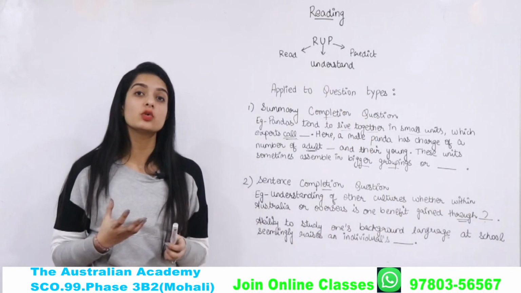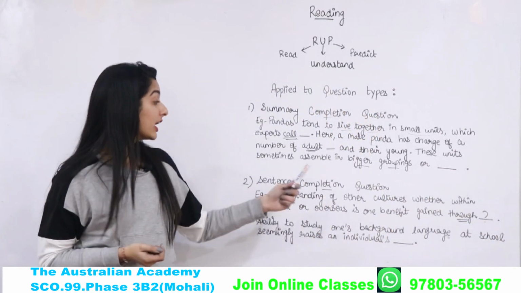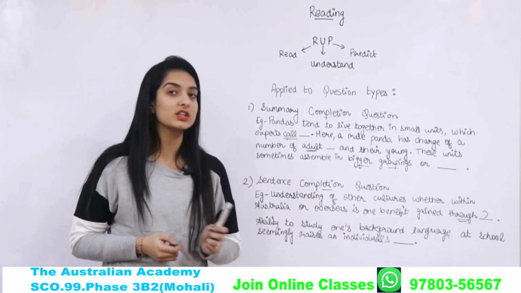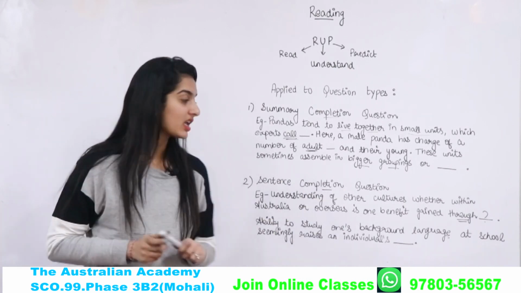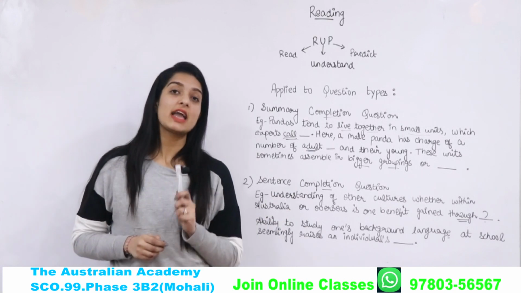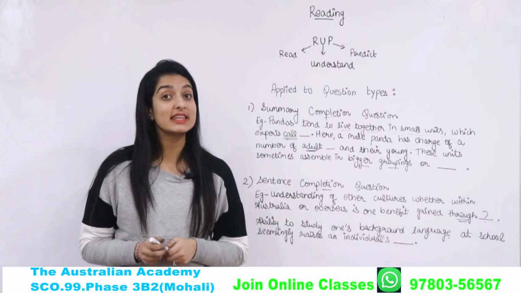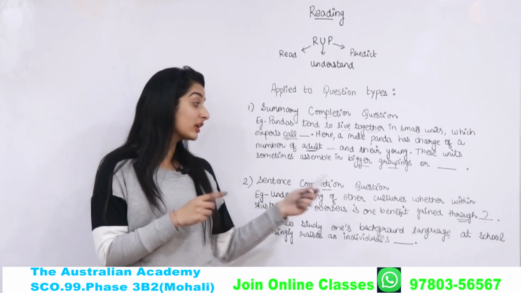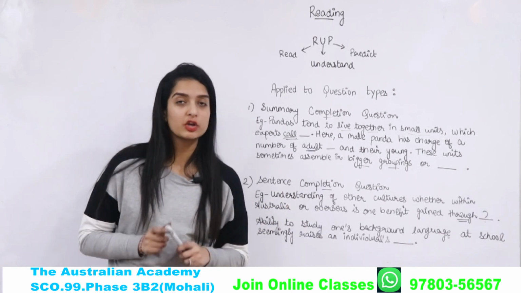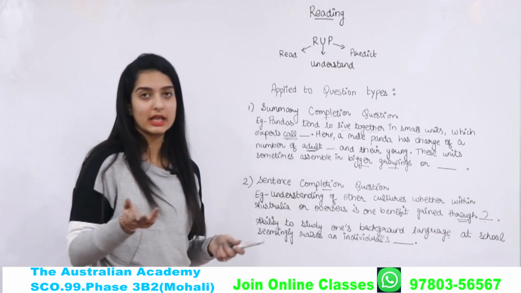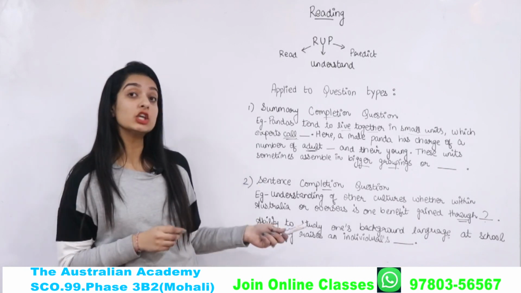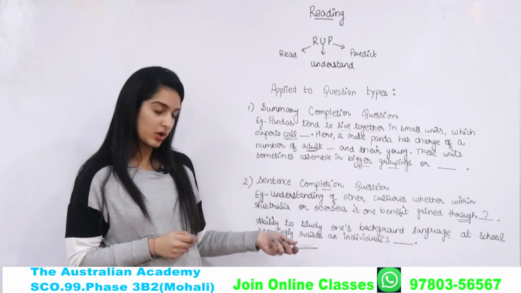What was the method used in order to gain this understanding of other cultures? Again you have predicted the method's name. When you go back to your passage and locate this, you will know what you're looking for: the method name. Again, a sure way of knowing what to find and where to find it.